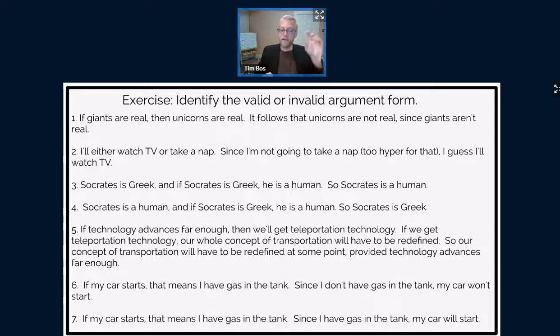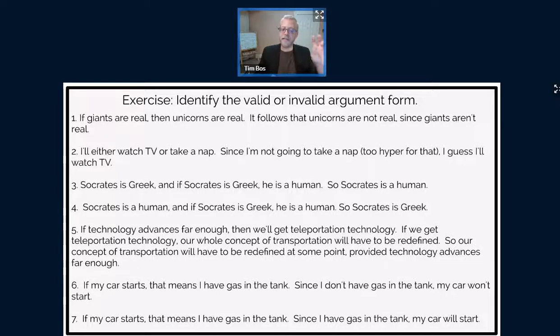The antecedent is the first part of an if-then statement. I'm waiting. I know all the vocabulary can get overwhelming. Yeah, it's denying the antecedent, right? Again, the first premise says, if giants are real, then unicorns are real.